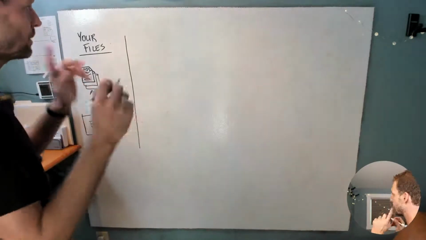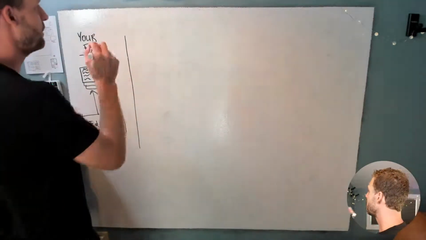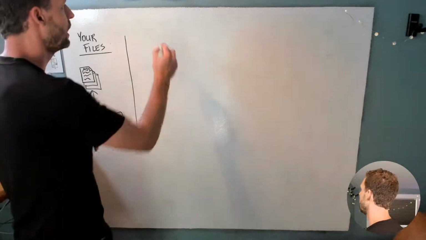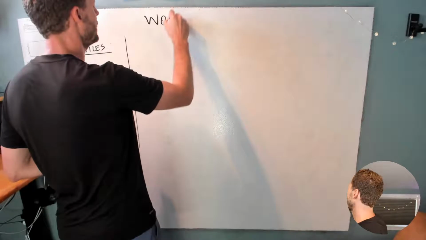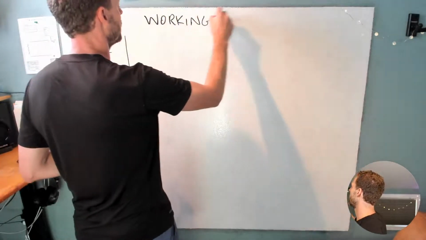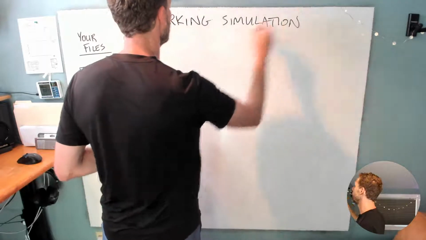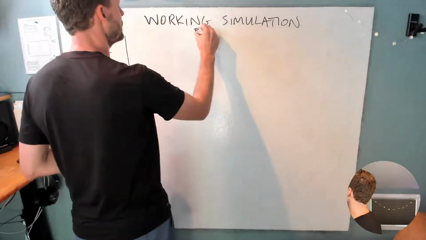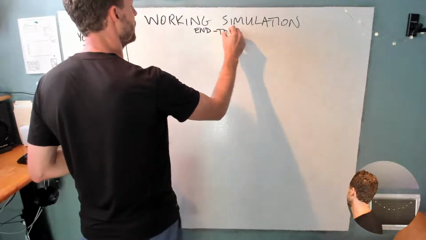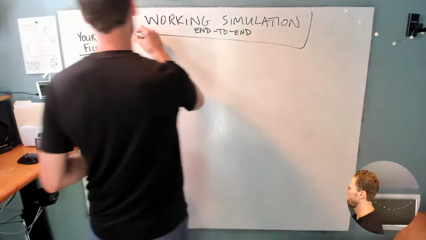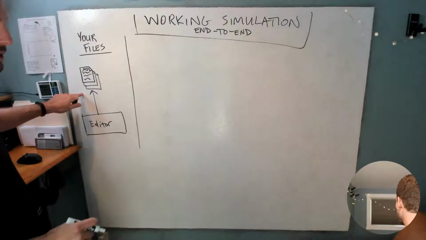And actually, I should mention an important caveat. What I'm trying to accomplish this week and over the next several weeks as I'm working on Noosphere is I'm trying to build a working simulator, or a working simulation, I should say, of Noosphere that actually is end-to-end working as quickly as possible. So today we're actually going to have a little editor that changes files.